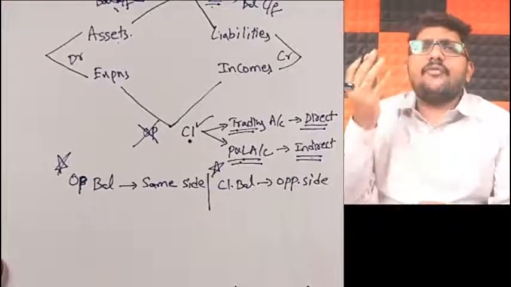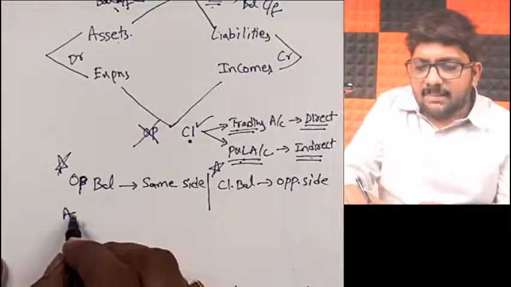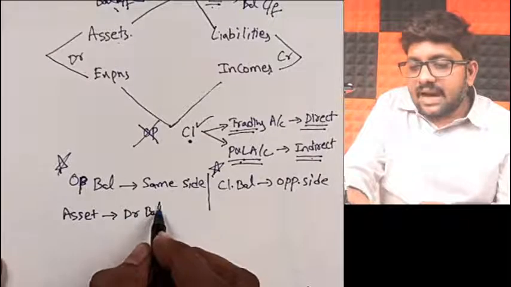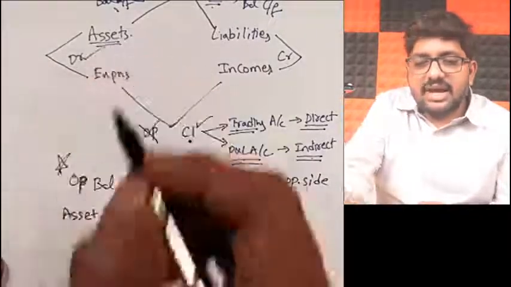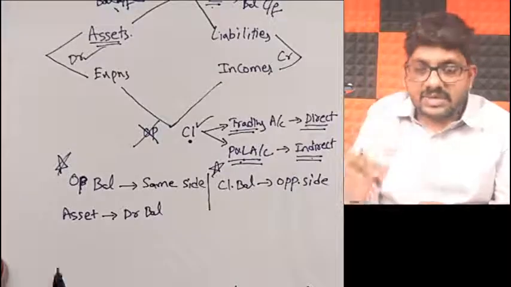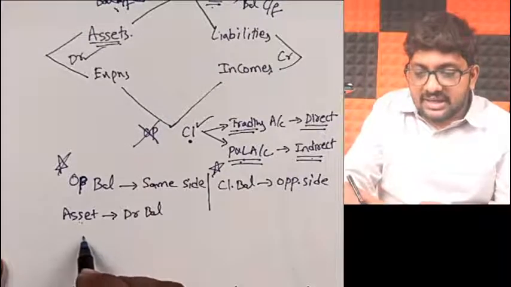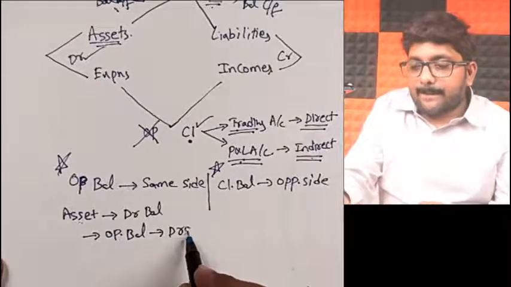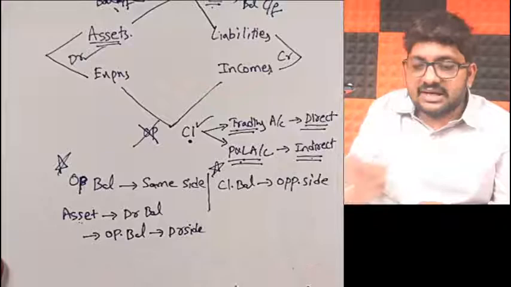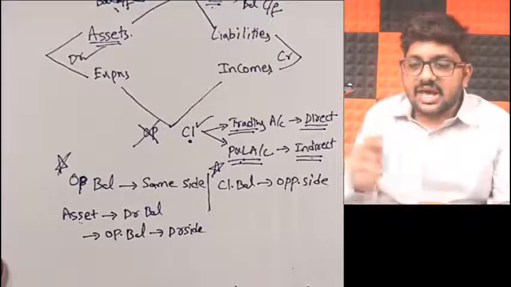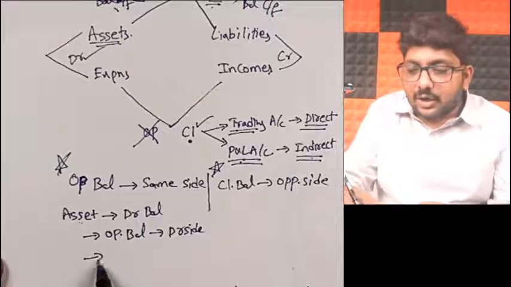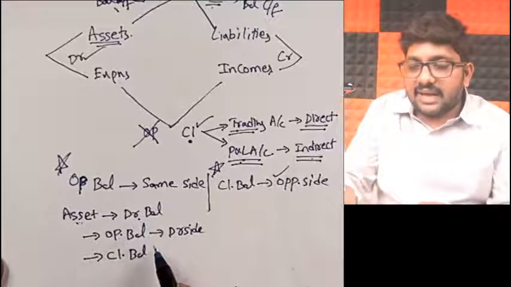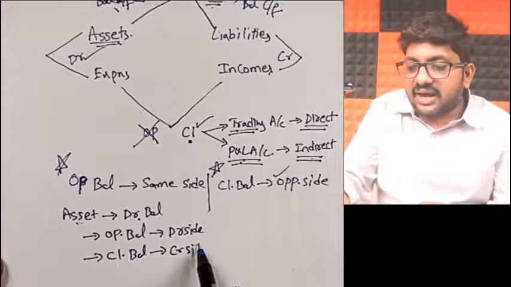What is the meaning of this, sir? Very simple. For example, I will take an asset. Assets will have which balance? Debit balance, because assets come under debit category. Debit balance means that as far as assets are concerned, the opening balance will be on the debit side, but the closing balance will be on the opposite side, that is, the credit side.